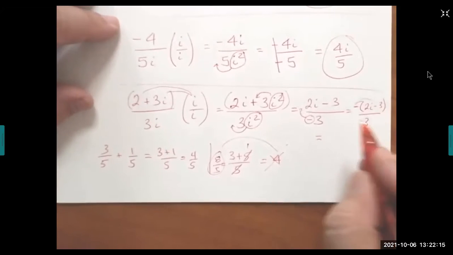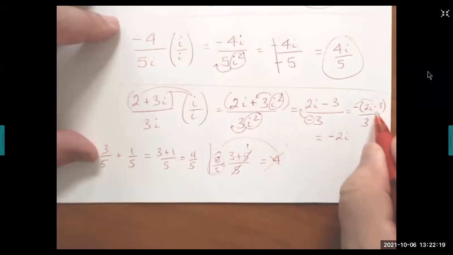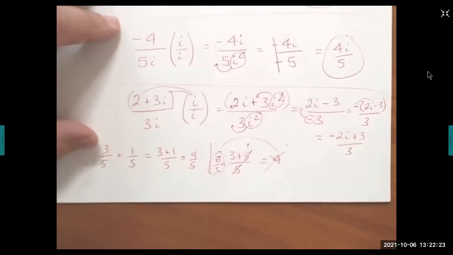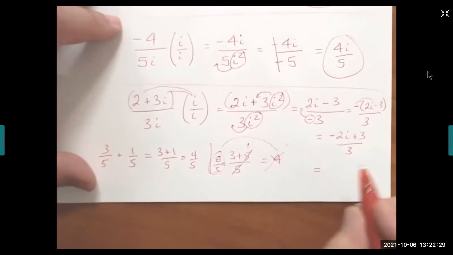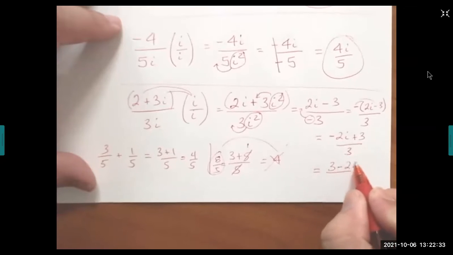So it changes negative 2i to plus 3. Are we done? Why not? Right, we have to put it in the standard form. So it's 3 minus 2i over 3. There's your final answer.